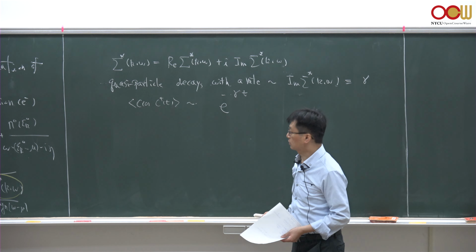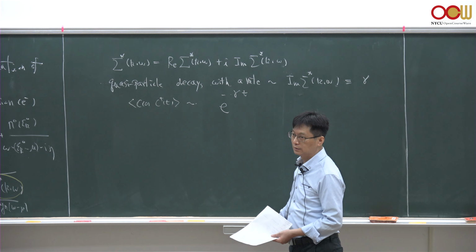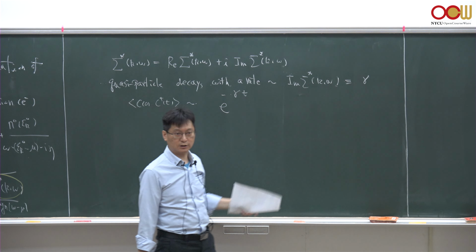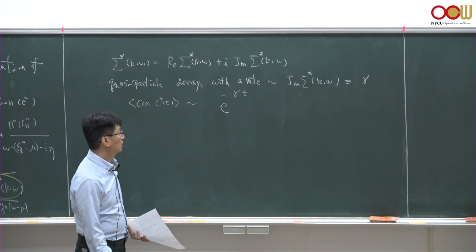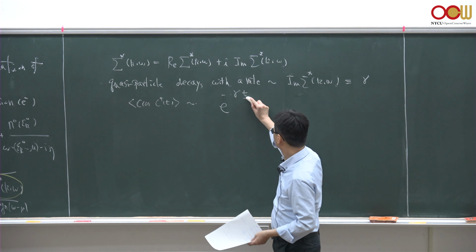which means that the correlation of any single particle or single electron over time is actually exponentially decayed. Okay? And the decay rate is given by gamma, and gamma is proportional to the imaginary part of the sigma star. In other words, if we have this imaginary part of the sigma star, then this quasi-particle does not live forever, so it must decay over time.